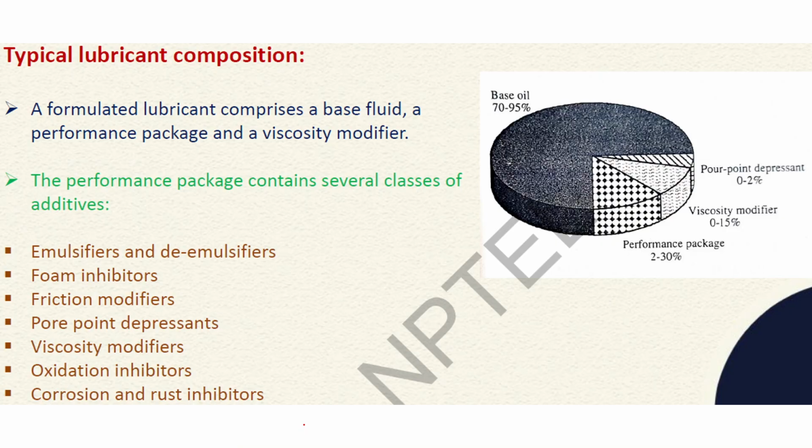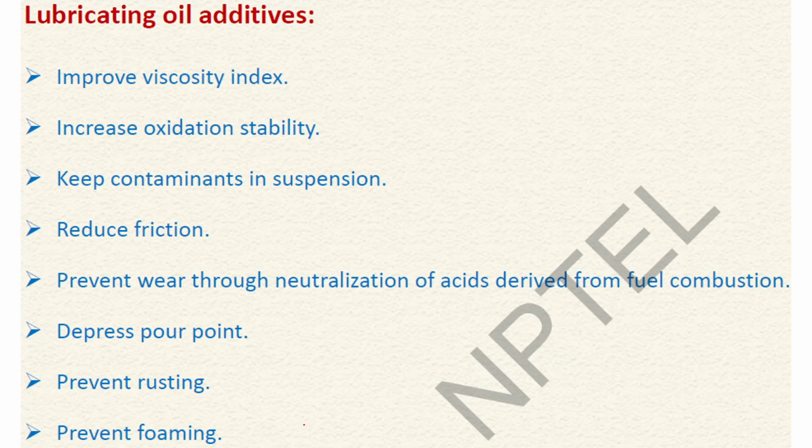Coming on to some of the additives which are used in the lubricating oil. Additives to improve the viscosity index are added so that when used in extreme high temperature conditions, the viscosity of the lubricating oil should not be affected much.